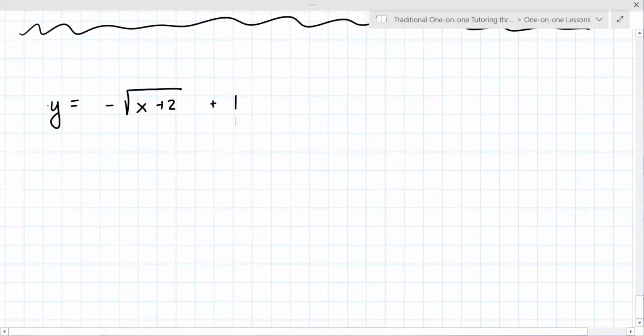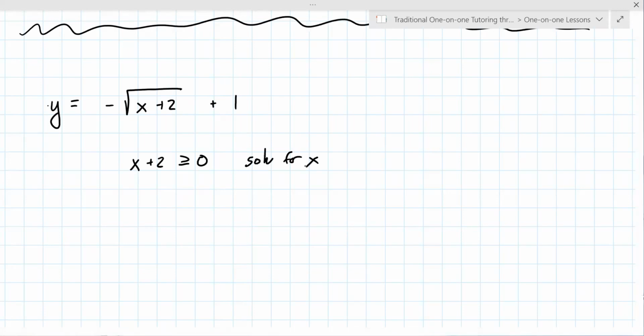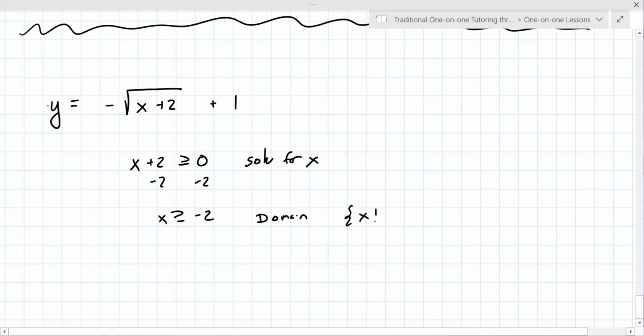So you need to set x plus 2 greater than or equal to 0 and solve for x. You just subtract 2 from both sides, so x is greater than or equal to -2. And that is your domain. So we would say x such that x is an element of the real numbers, x greater than or equal to -2.